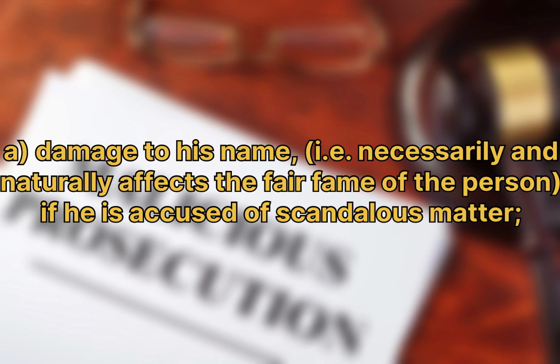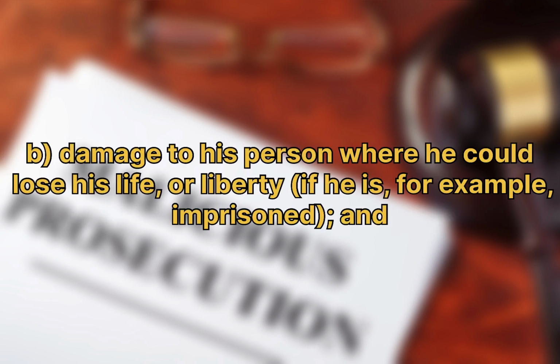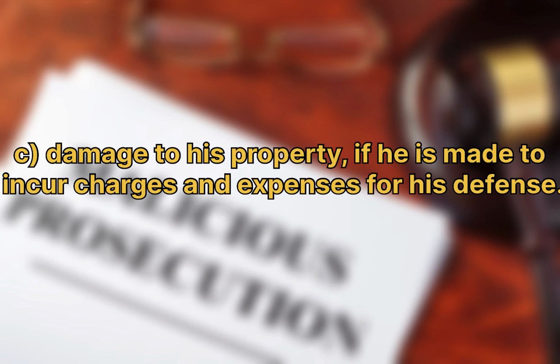A. Damage to his name, that is, necessarily and naturally affects the fair fame of the person if he is accused of scandalous matter. B, damage of his person where he could lose his life or liberty, that is, if he is, for example, imprisoned. And C, damage to his property if he is made to incur charges and expenses for his defense.